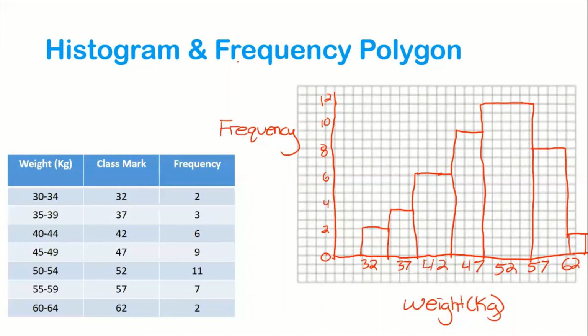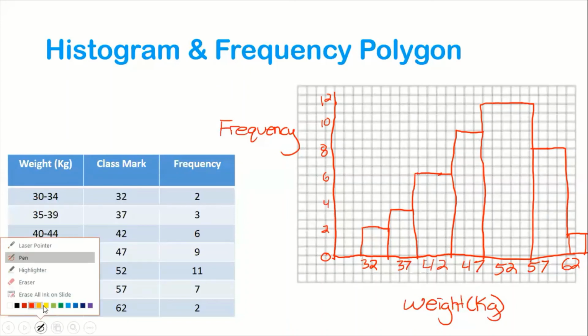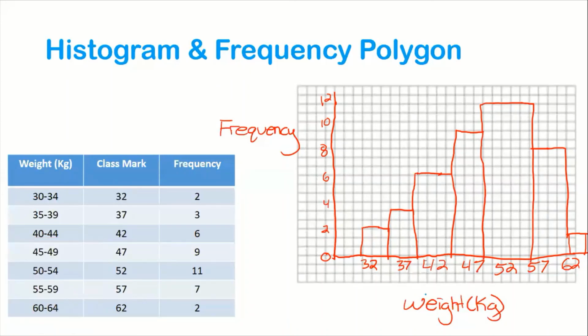So you might get a question asking for a frequency polygon. Now, what is a frequency polygon? Well, once we have a histogram, our frequency polygon is simply the middle of each bar, so essentially our class marks, connected in a line.